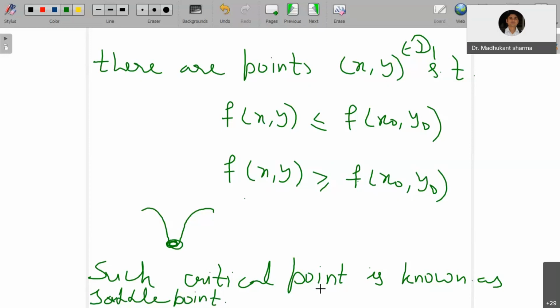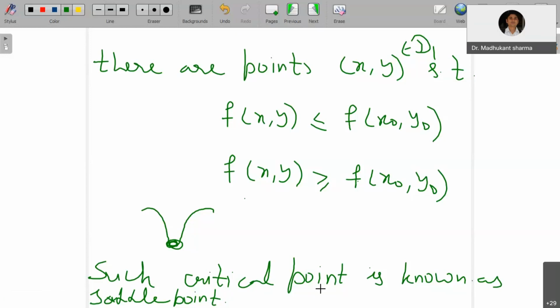We will see that part if time allows. But let's understand what the second derivative test is for knowing whether the critical point is going to be a maximum, a minimum or a saddle point.